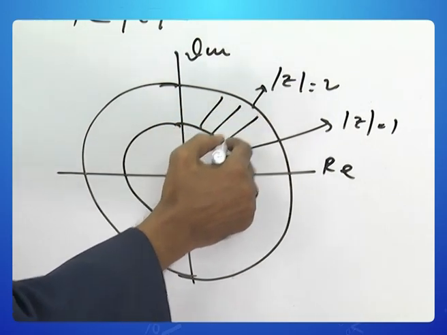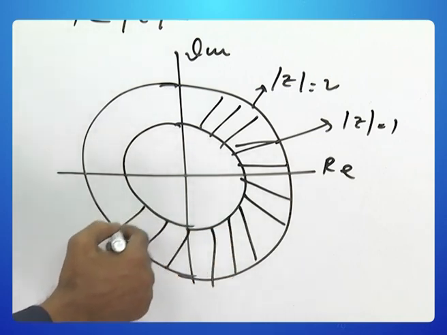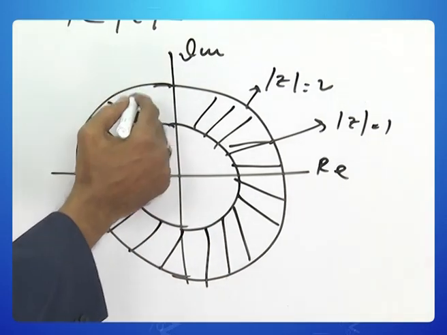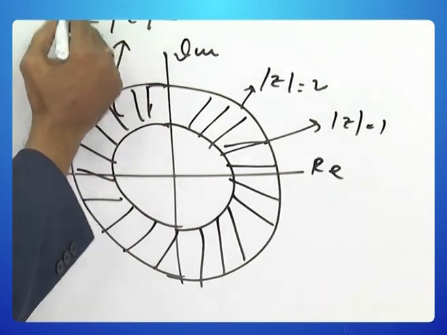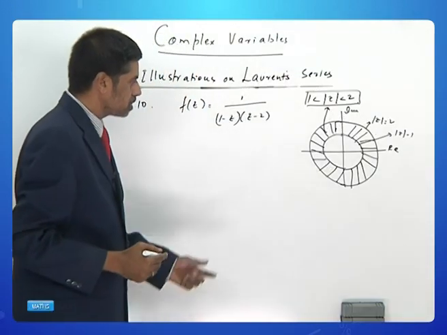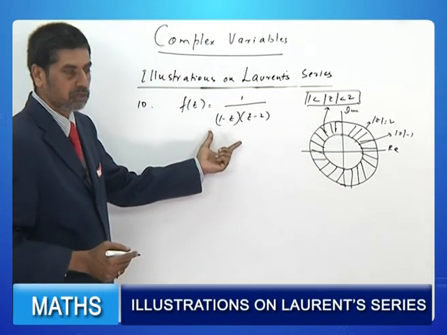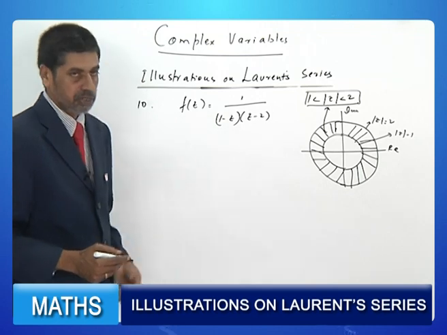So the region in which the expansion is required is this annular region. So this describes 1 less than mod z less than 2. We'll have to see, in this region, if you expand this function, what will be the principal part?